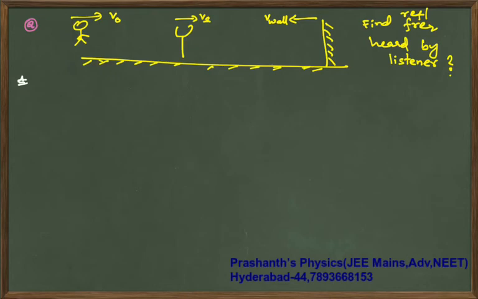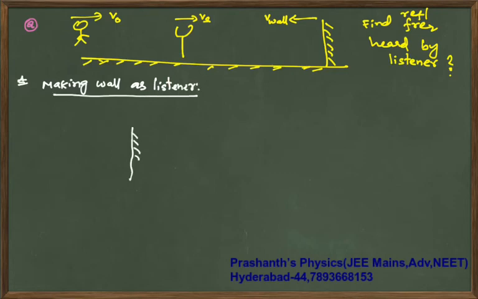Okay, so once again same steps, making wall as listener. I have given these steps on how to do these questions. So if you make the wall as listener, wall is moving with v wall like this, source is moving with vs, sound comes from source with speed v.